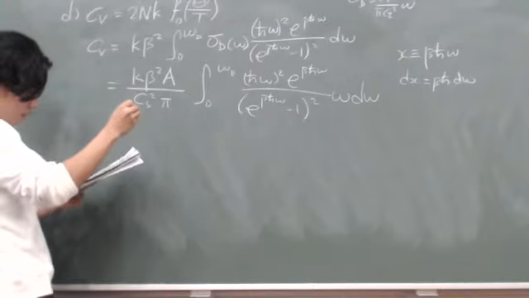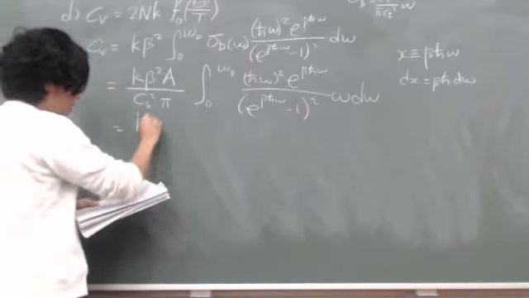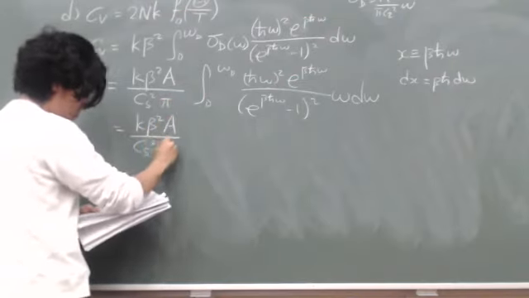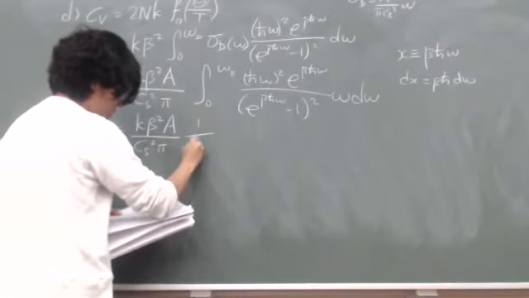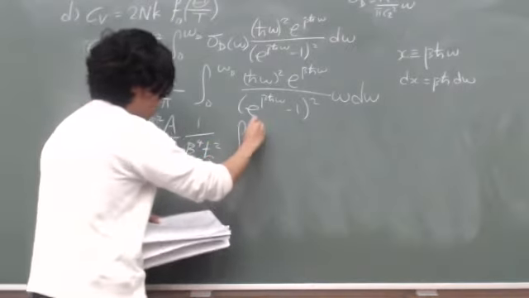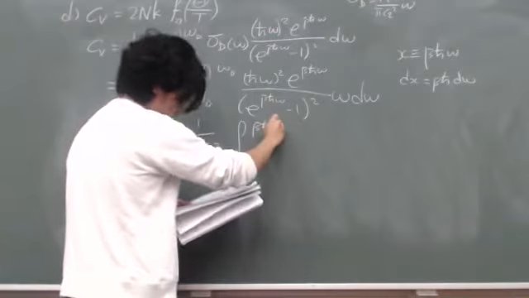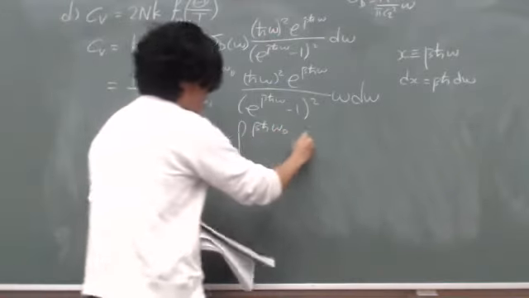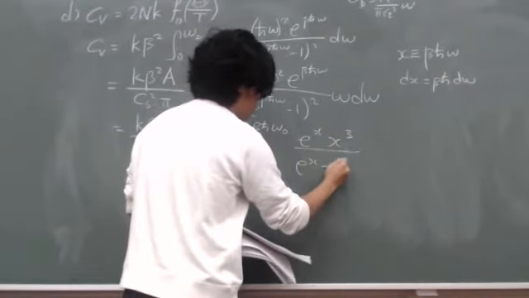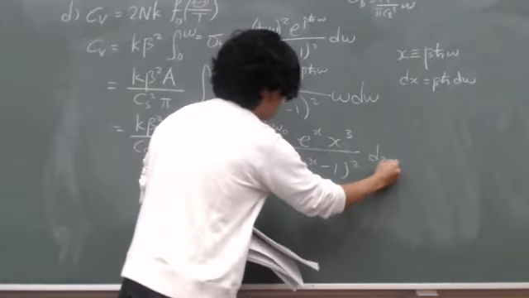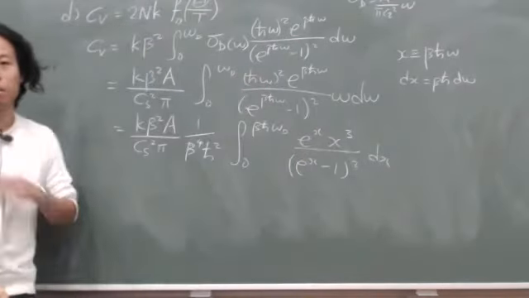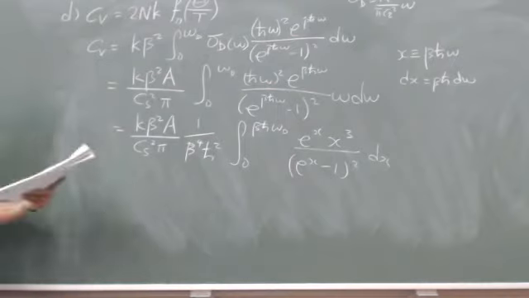After the substitution you get k beta squared A on cs squared pi, 1 over beta to the 4 h bar squared, integral from 0 to beta h bar omega D of e to the x, x cubed divided by e to the x minus 1 squared dx. Two powers of x come from here, one more from here, and the rest is pretty standard.